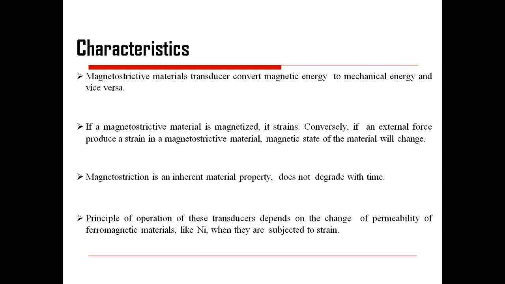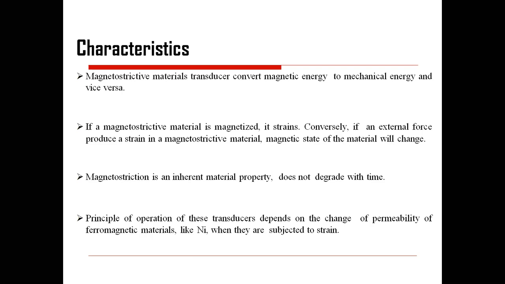Okay, if your magnetostrictive material is magnetized, it strains, or conversely, if an external force produces a strain in a magnetostrictive material due to the continuous attachment of any material, this actually happens.